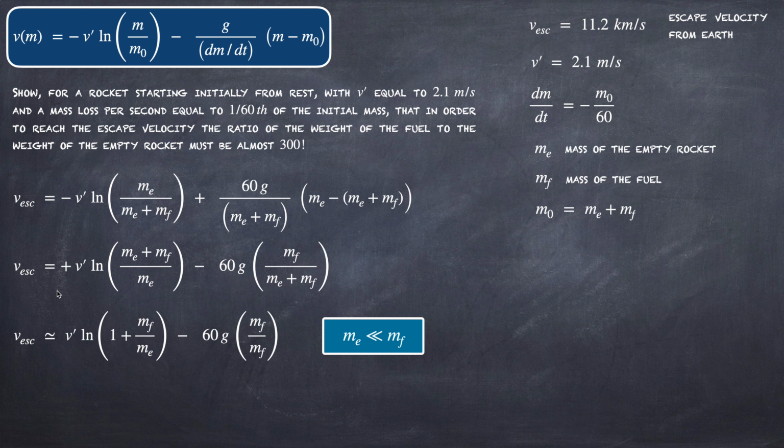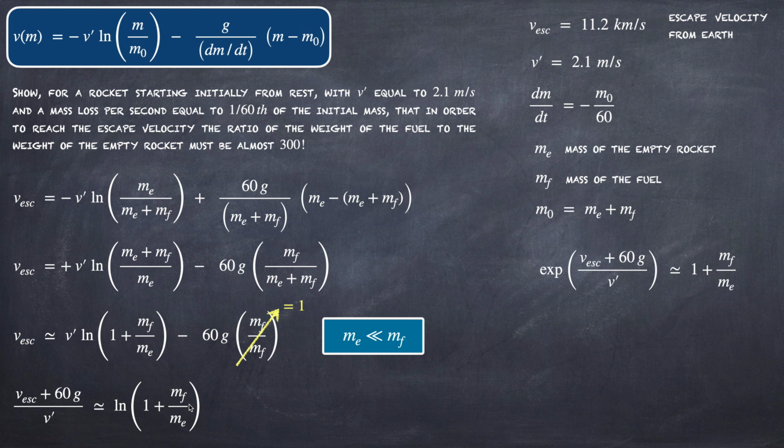Okay, so considering this approximation, the escape velocity is approximately equal to v prime multiplying the logarithm, as we already said, 1 plus mf over me, subtracted by 60 times g multiplying mf over mf, which is equal to 1. So if we write this term on the other side of the equation, we will get the escape velocity plus 60g over v prime, approximately equal to the logarithm of this argument.